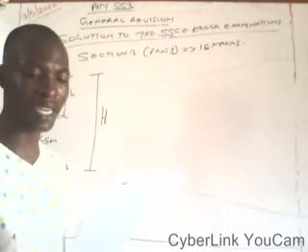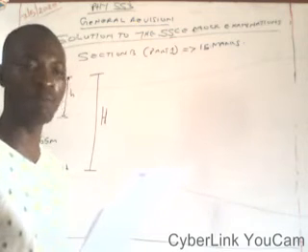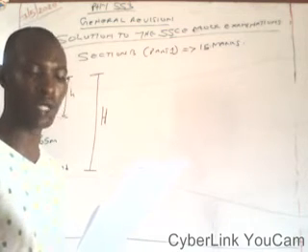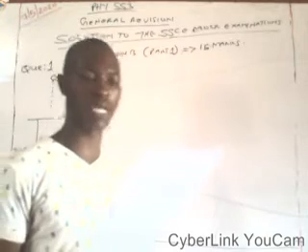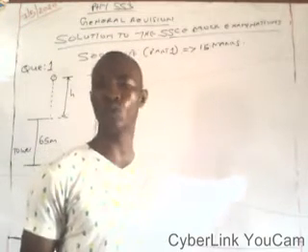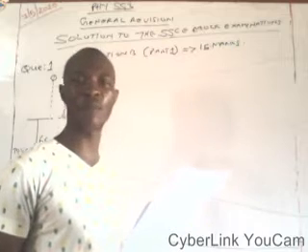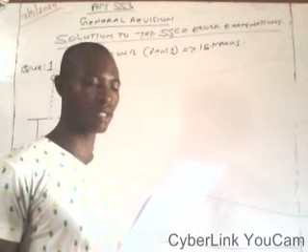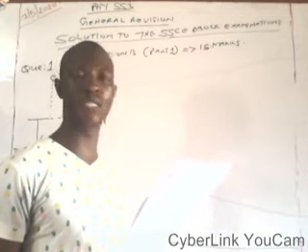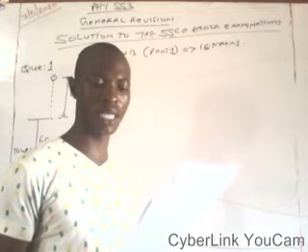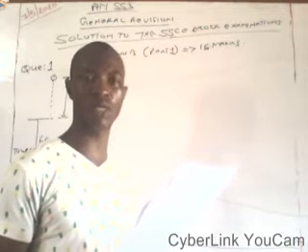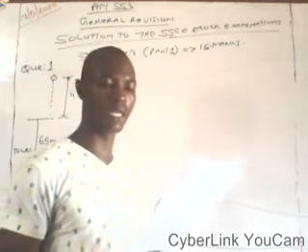Neglecting air resistance, determine the maximum height it reached from the ground. I repeat, a stone is projected vertically upward with a speed of 25 meters per second from the top of the tower of height 65 meters. Neglecting air resistance, determine the maximum height it reached from the ground.